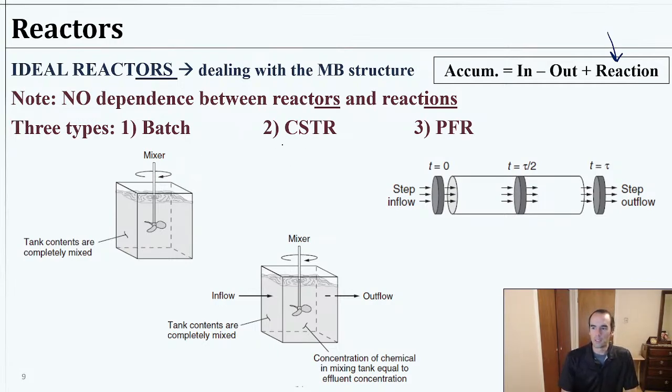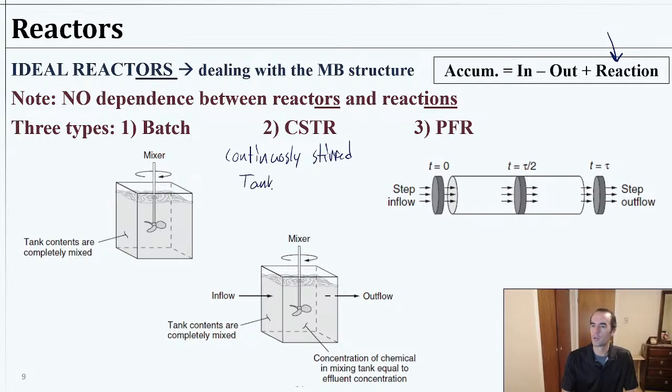The second one would be what I will call a CSTR, or a continuously stirred tank reactor. Some people will call them a CMR, sort of continuously mixed. You'll see them sometimes continuously mixed flow tank reactor, CMFSTR, or CMFR, something like that.